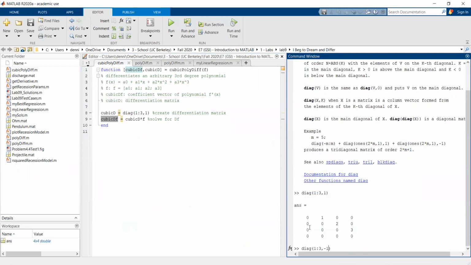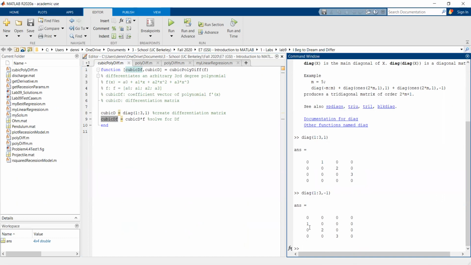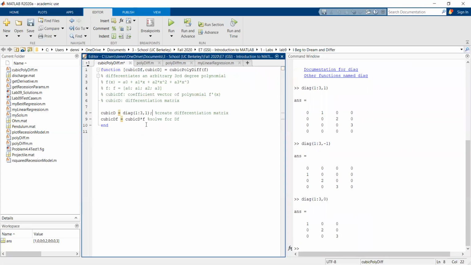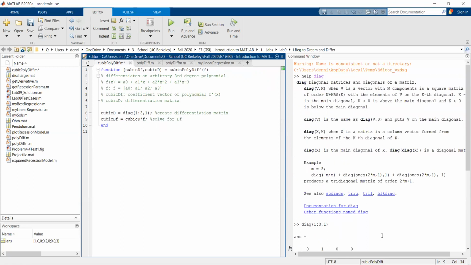Let's try -1, and that's the diagonal below it. 0, you can probably guess, is that. Notice how it makes a smaller matrix because I only plugged in 1 through 3, because the diagonal is only 3 long. So that's how diag works. I think that's the cleanest way. There are other ways to do it if you don't want to use the diag function, but this is the one I like to use the most.